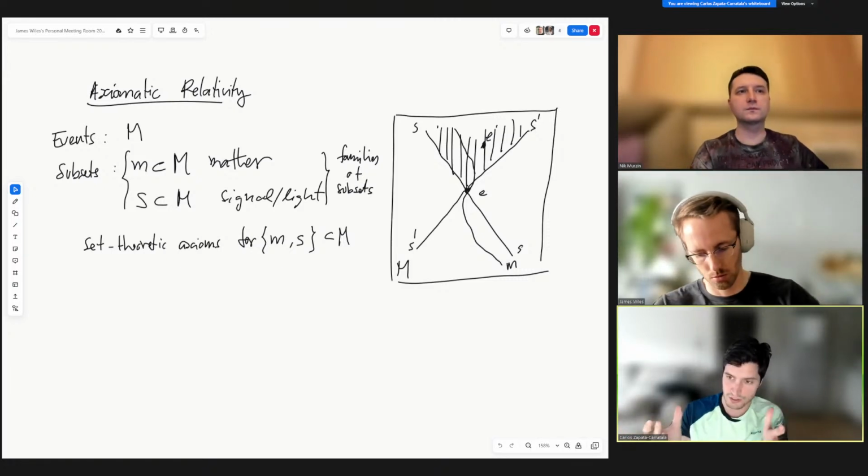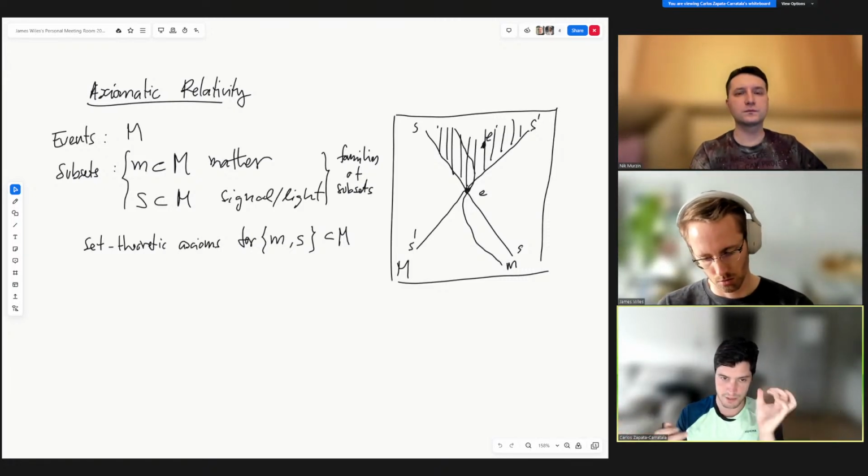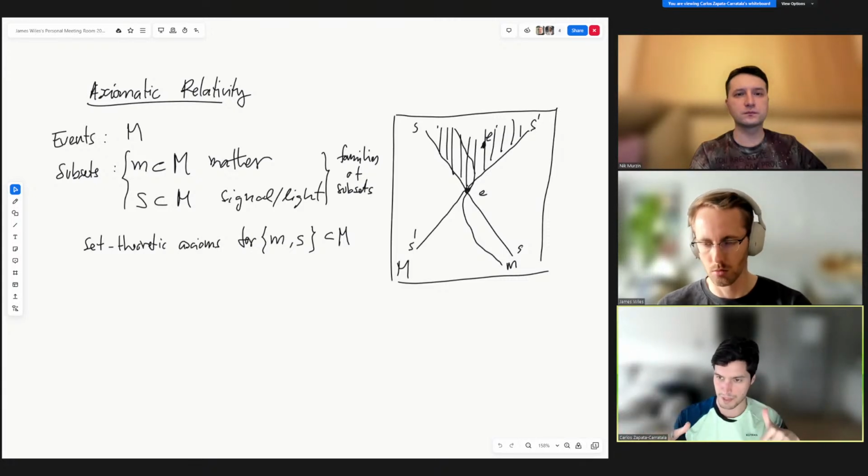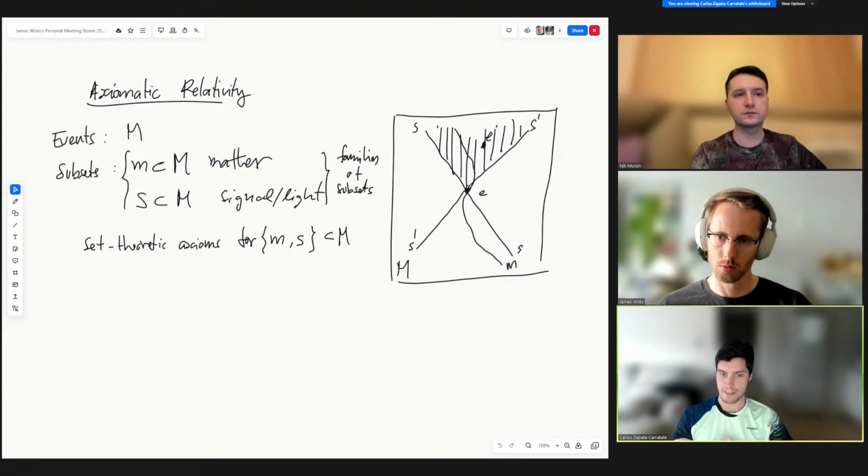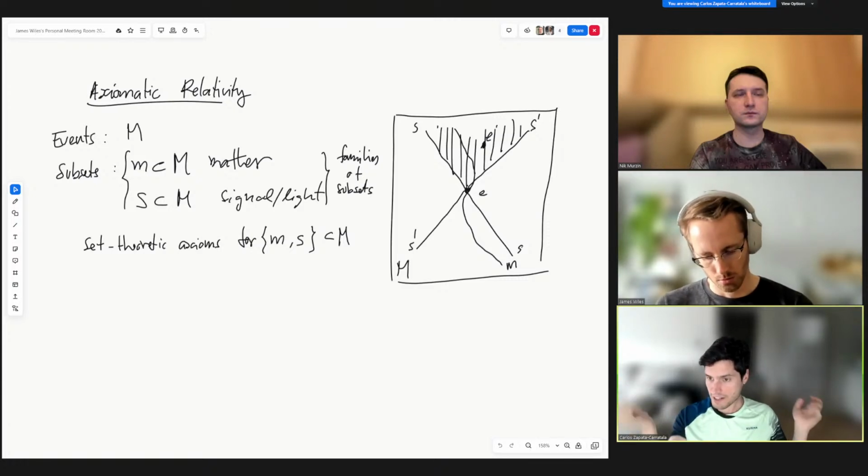So imagining a light cone as a subset of events. Given an event, you have a light cone of events, the future light cone, the past light cone. And then you also have matter subsets, which are essentially time-like curves. Any time-like curve that you can imagine, right?